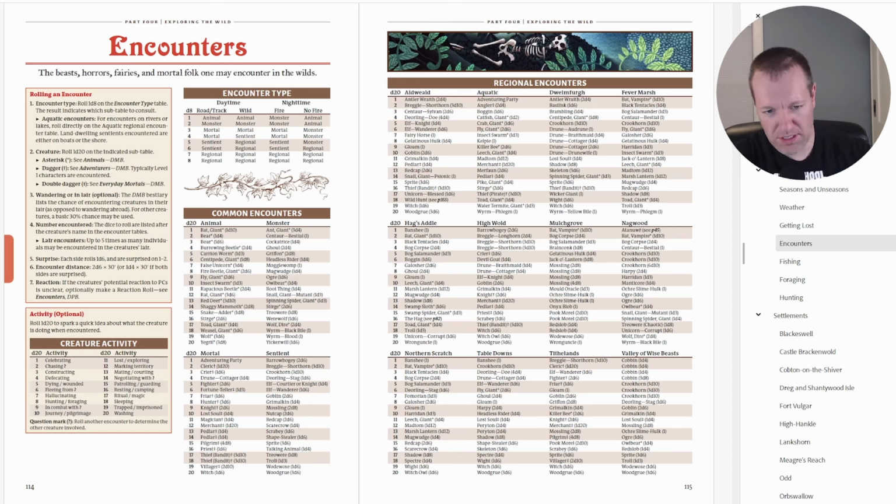So rolling a d20, we got a 14, so they're negotiating with something. In this case, there is a question mark, so we need to roll up another encounter to determine a second creature that's involved. So this is kind of fun. Let's go ahead and see what we got. They are negotiating with a mortal, so we're going to roll on the mortal table.